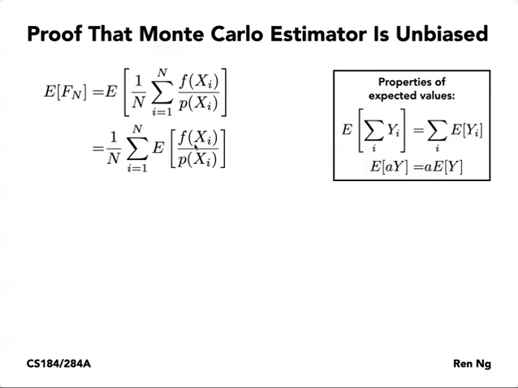But if you think that two functions is too complicated, you could just rewrite this inside here as a g of x sub i. I'm not going to write this down on this slide, but you could write it down as the expected value of g of x sub i, where g of x sub i is just equal to f of x sub i divided by p of x sub i. It's just a little algebraic notation to make really clear what's going to happen on the next slide, which is applying that definition from a few slides back of the expected value of a function of a random variable.